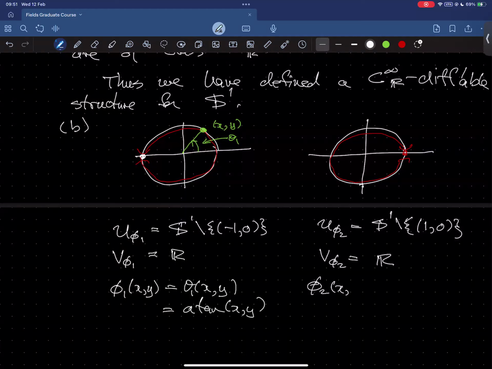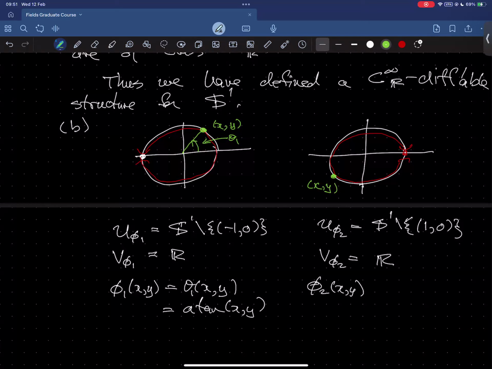Phi2 of X and Y. Okay, so here, what I will do is I'm going to take a point, which I'll write as X and Y, right?